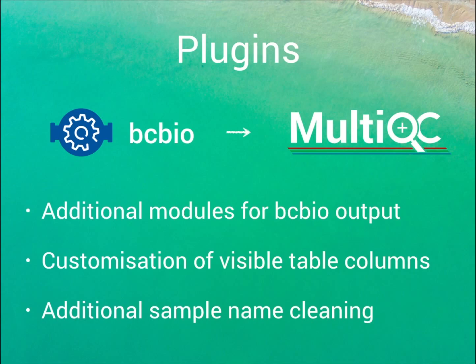Other people have written a module for BC Bio, which is a pipeline tool. They've written additional modules which are specific to the results generated by those pipelines, as well as customization of how MultiQC works, how the reports look.